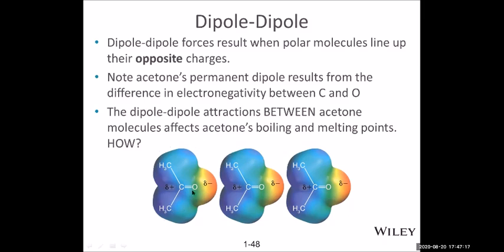The negative oxygen orients close to the positive carbon end of another acetone. This acetone has its own negative oxygen attracting to the positive carbon end of a third acetone. It's very similar to magnets attracting each other.